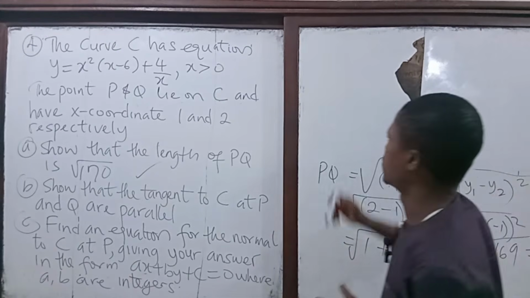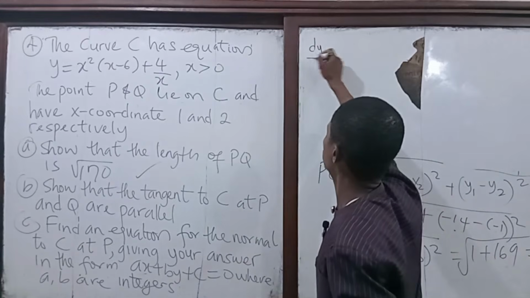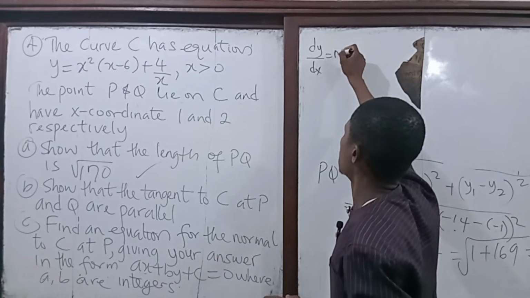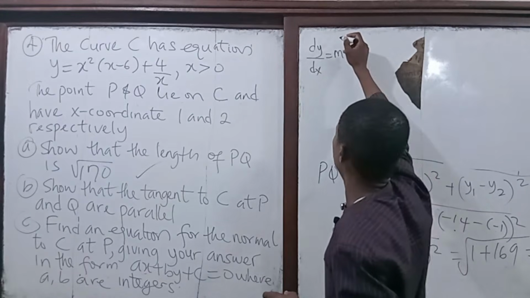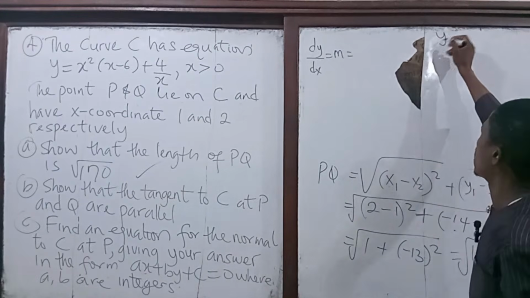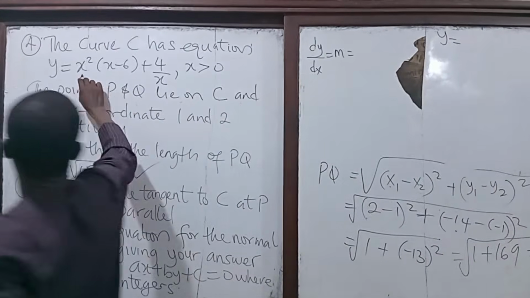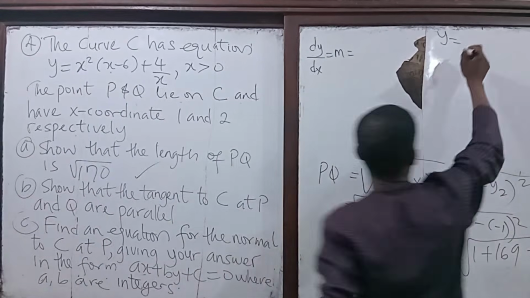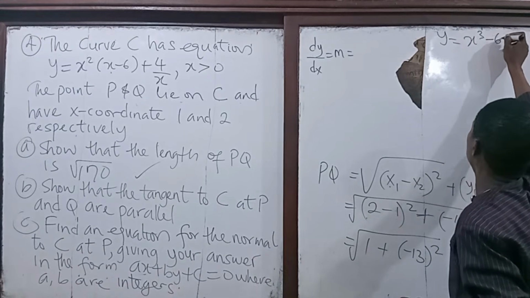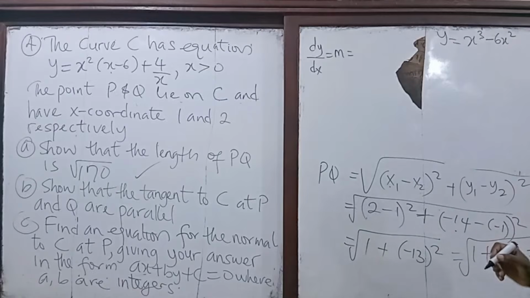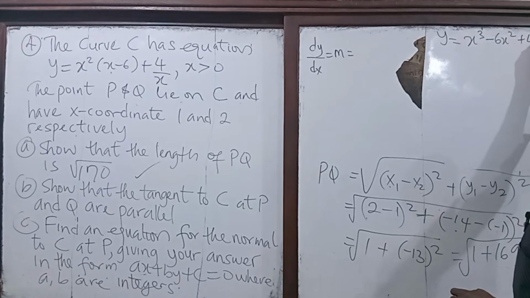Okay, let's get the gradients, which is m, for the equation. First of all, do the expansion for your y. This one times this one, that's x cubed, minus 6x squared, plus 4x to the minus 1.